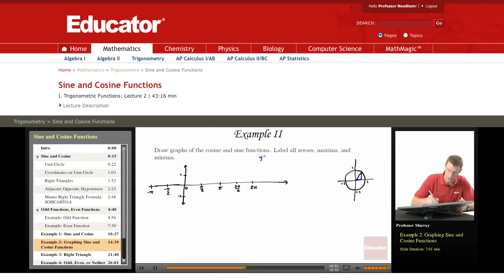y equals cosine x. So we'll remember the values that we learned in the previous question. Cosine of 0 is 1. Cosine of pi over 2 was 0. Cosine of pi is -1. Cosine of 3 pi over 2 is 0. And cosine of 2 pi is up at 1 again.